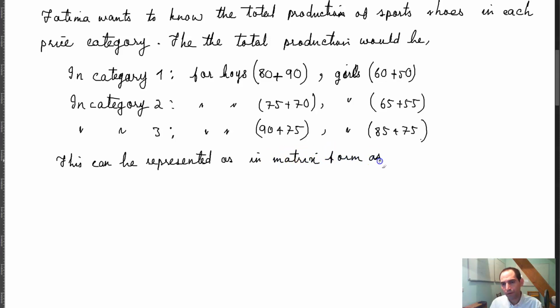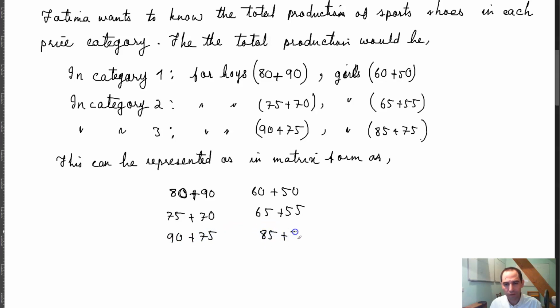You can write, for example, 80 plus 90, then 60 plus 50, then 75 plus 70, then 65 plus 55, then 90 plus 75, and then 85 plus 75, and that becomes a matrix, right? Very simple and very elegant.